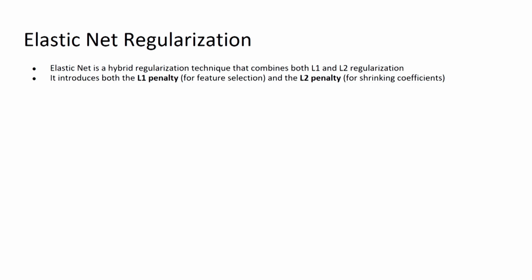And now we will see the third regularization method, that is elastic net. Elastic net regularization is also called a hybrid regularization method. It basically combines both L1 and L2 regularization.